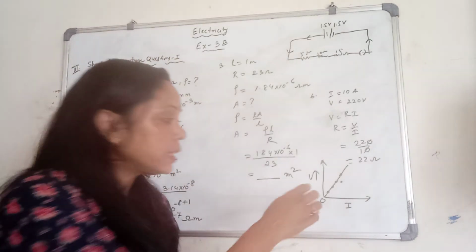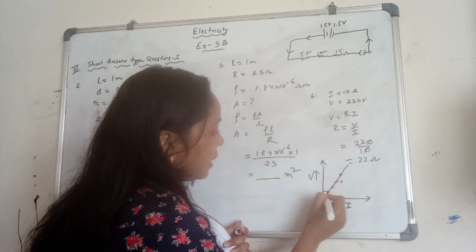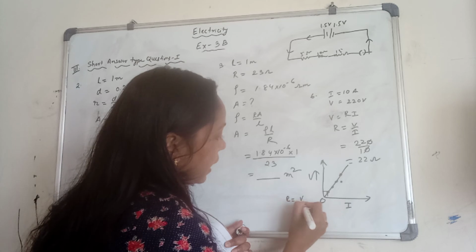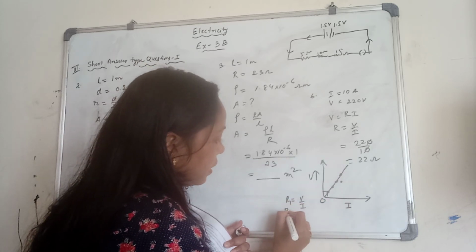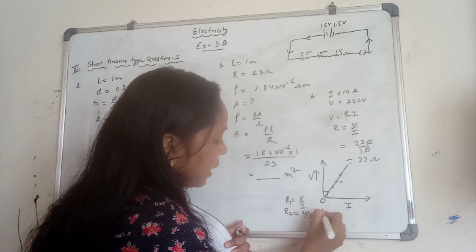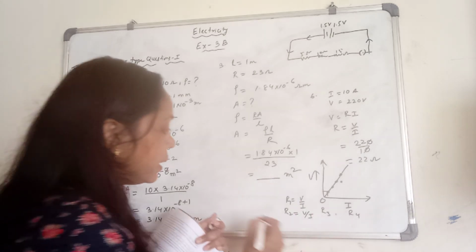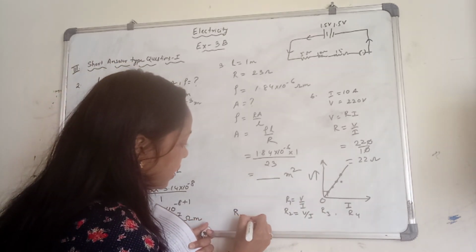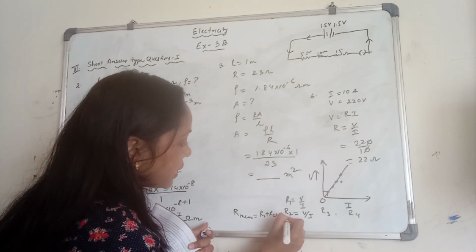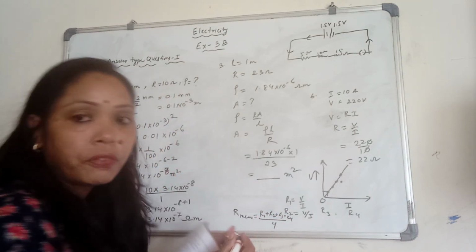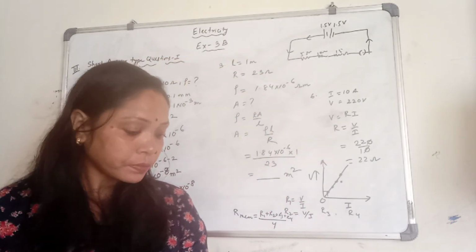After that, for these 4 points you have to find V by I: for this point, for this point, R1, R2, V by I again. Similarly R3 and R4. After that you have to find the mean. That is R mean is equal to R1 plus R2 plus R3 plus R4 divided by 4. Solve it and get the answer.